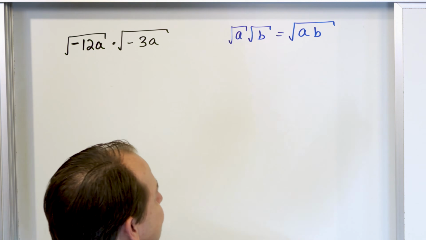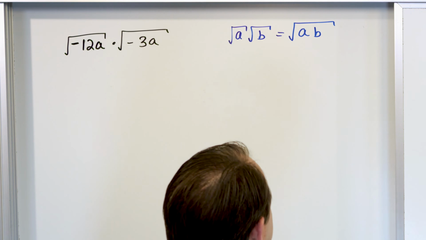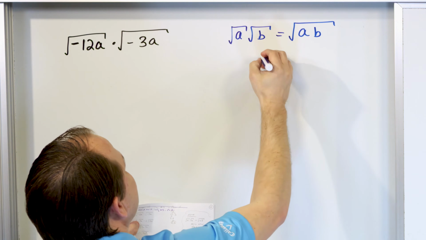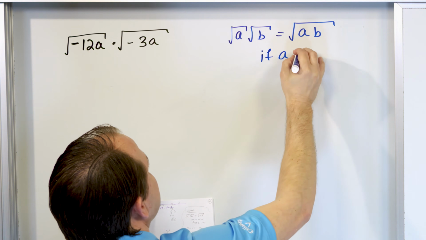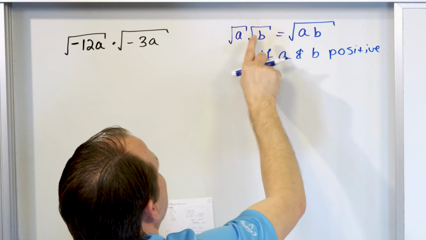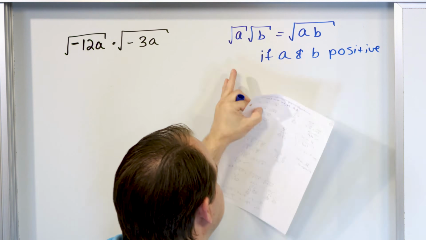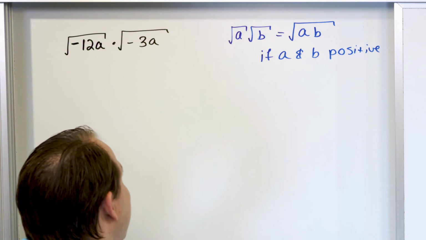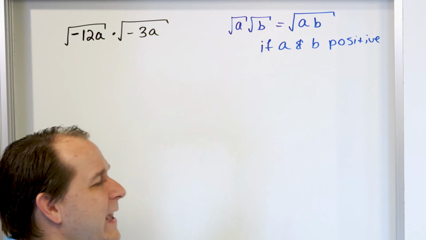Okay. What I did mention in a previous lesson, but when we first learned this, what we didn't say explicitly is this is really only true if a and b are positive. In other words, this whole combining radicals thing really only works if what is under these radicals is positive to begin with. And notice in our problem, we have negatives under the radical, so you can't do it.